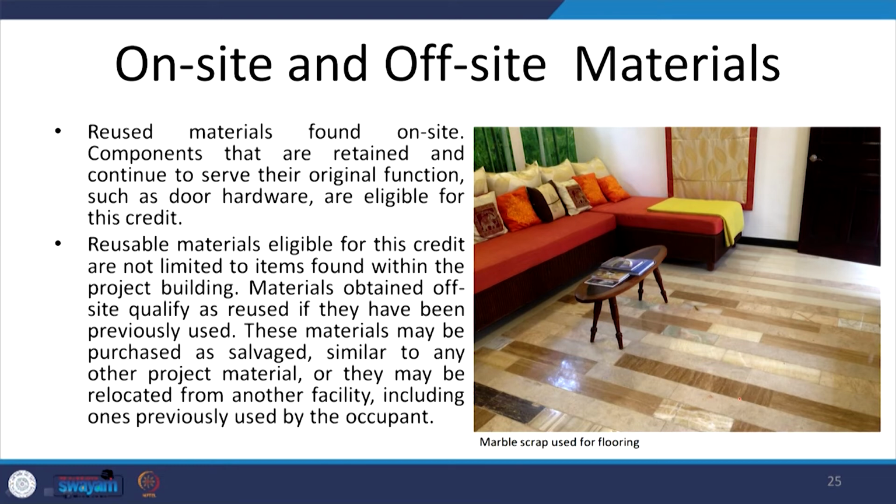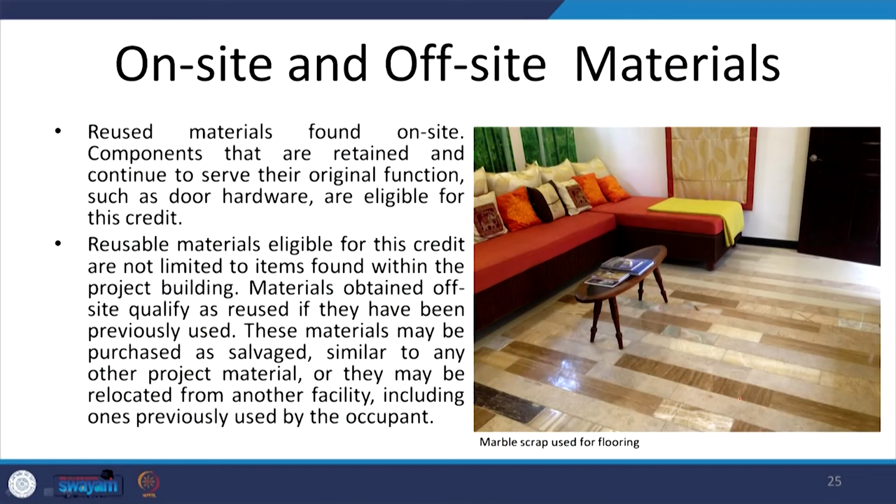So, instead of procuring new, huge marble pieces, the scraps have been used, though it would have required a lot of trimming and cutting and polishing of the edges before this entire floor has been cast. So, we have to weigh out the benefits and also what is going in to using this reused material.